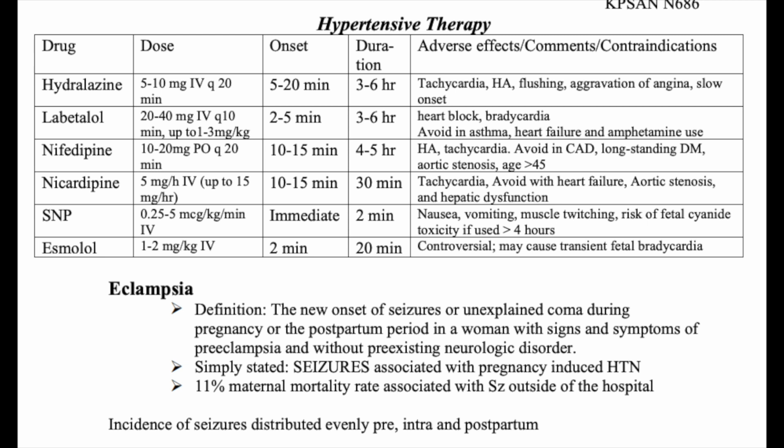And then I have esmolol listed on here last. Esmolol is kind of a controversial drug in preeclampsia. The current ACOG recommendations state that it should only be administered by an anesthesia provider, so it's not in the toolbox of the obstetric RN, if you will. And it's primarily because it can cause transient fetal bradycardia.